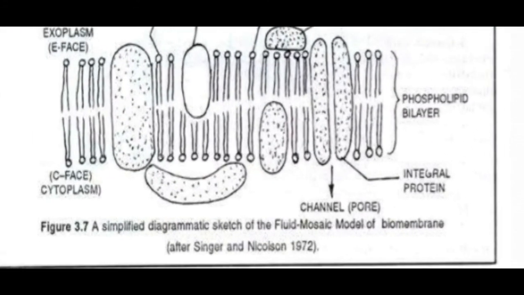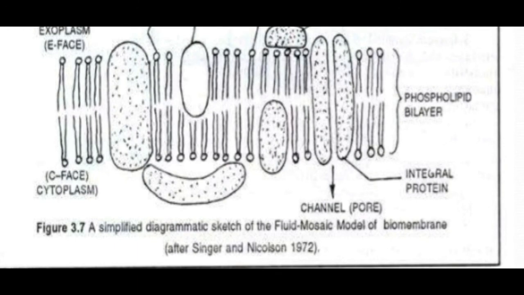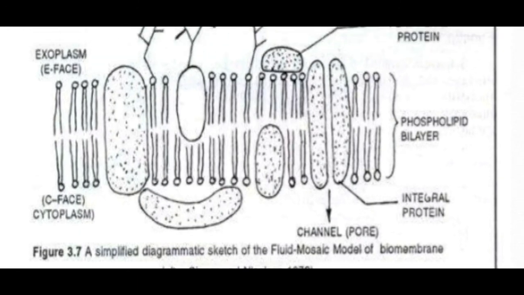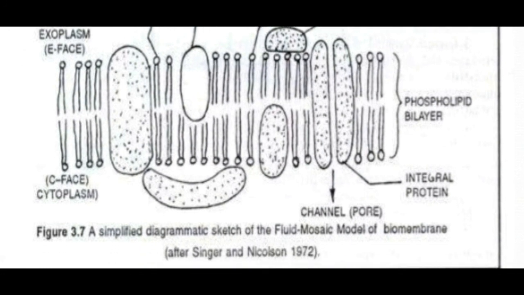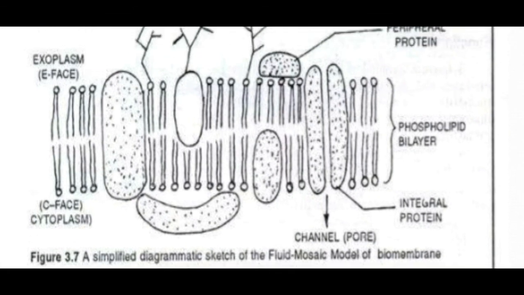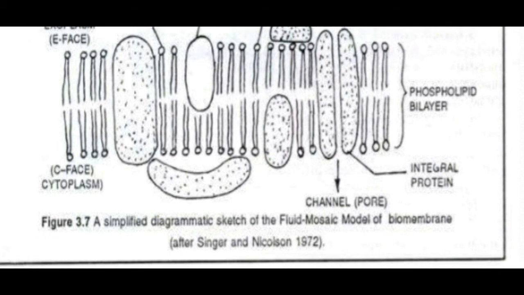See, this is the simplified diagrammatic structure of the fluid mosaic model. Clear? The C phase is the cytoplasm phase, and the E phase means exoplasm, outside the cytoplasm. This is the phospholipid bilayer. Internal proteins, the intrinsic proteins, are there. Extrinsic proteins or peripheral proteins are there.